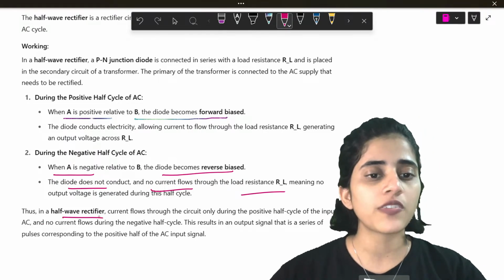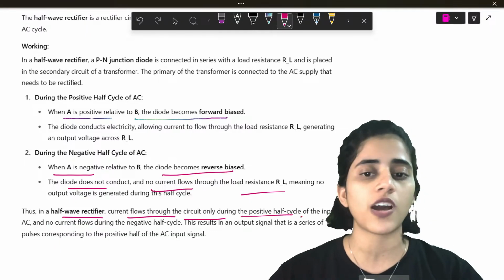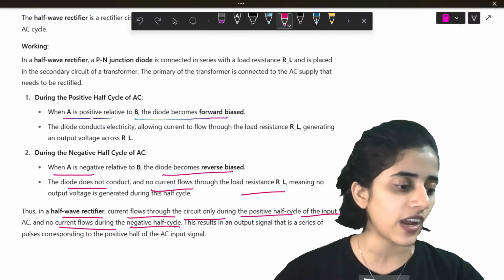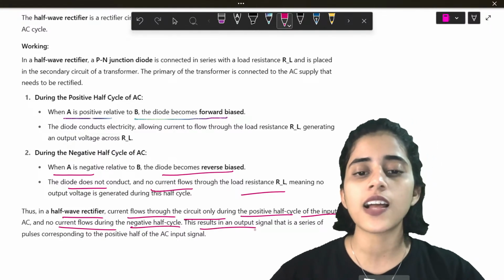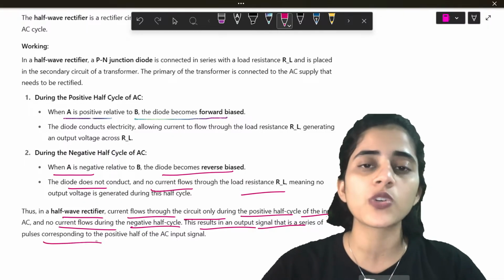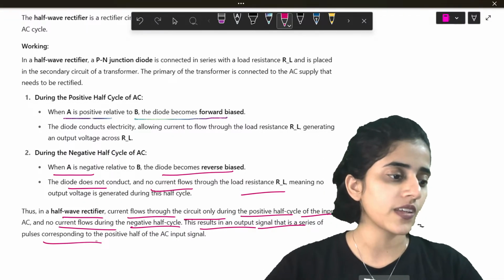So in a half wave rectifier, current flows through the circuit only during the positive half cycle of the input and no current flows through the negative half cycle. This results in an output signal that is a series of pulses corresponding to the positive half of the AC signal.